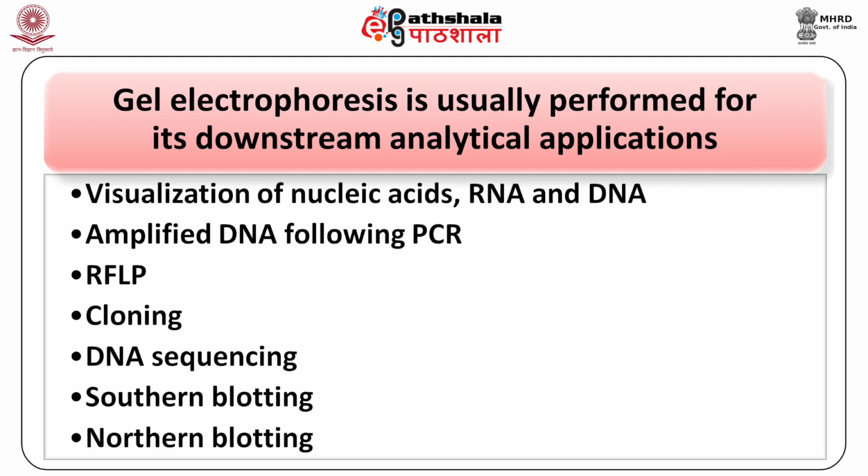Gel electrophoresis is usually performed for its downstream analytical applications such as visualization of nucleic acids, RNA and DNA, and in particular amplified DNA following PCR, RFLP, cloning, DNA sequencing, or Southern blotting and Northern blotting for further characterization. Agarose based gels are commonly used for most of these electrophoretic applications.